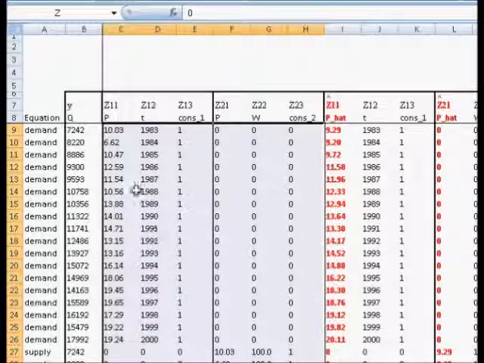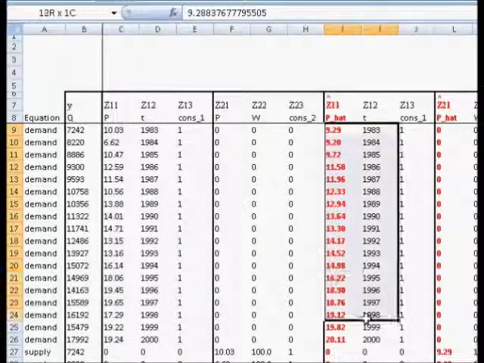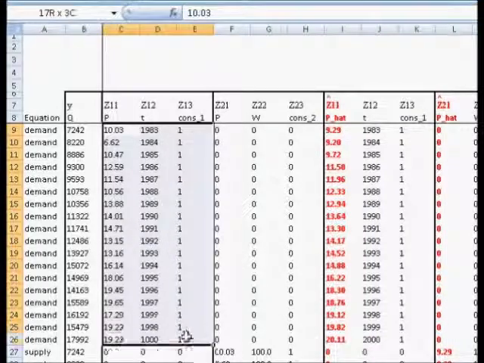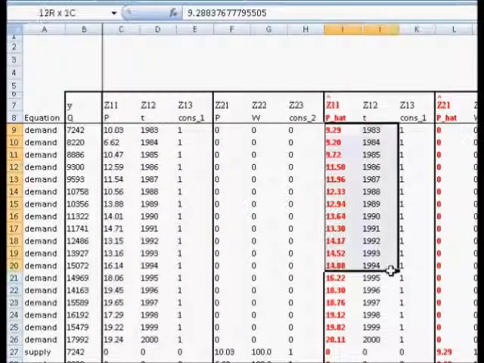Now remember, we didn't want to use the price, we wanted to use P hat, because price is correlated with the error terms. P hat wasn't. So the difference between this part of the new block matrix and its counterpart in the old block matrix is the fact we've replaced the price with P hat.